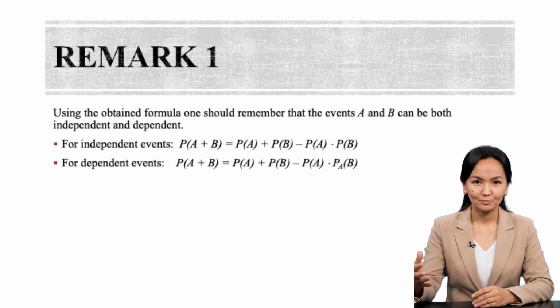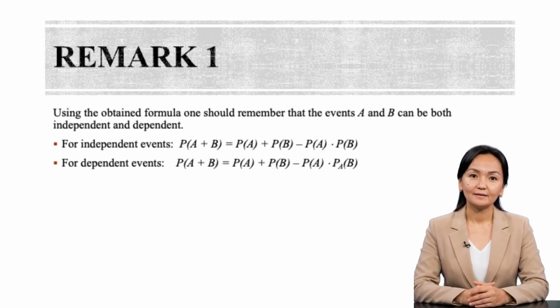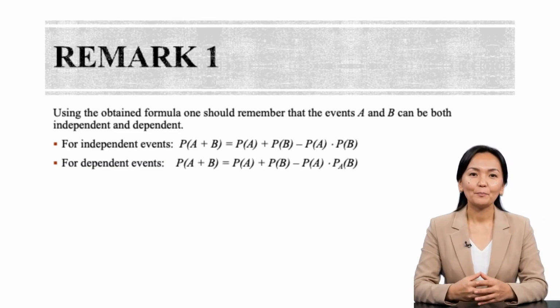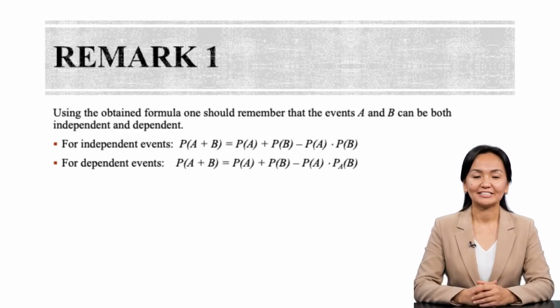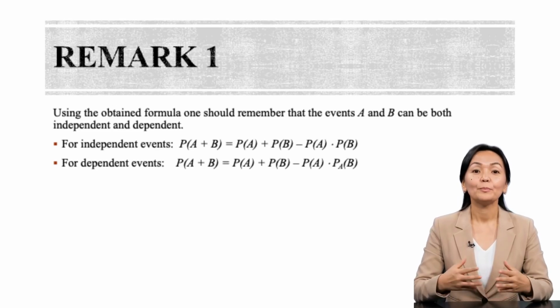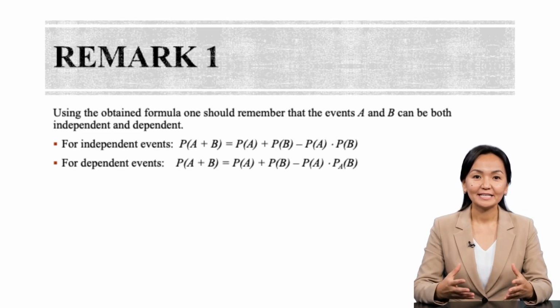First, it's crucial to remember that the events A and B can be either independent or dependent. The formula P(A+B) = P(A) + P(B) - P(AB) works in both cases, but we need to calculate P(AB) differently depending on the relationship between the events. For independent events, where the occurrence of one does not affect the other, we know that P(AB) equals P(A) times P(B).